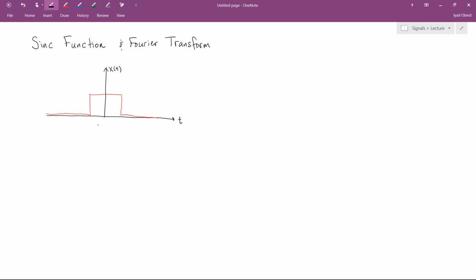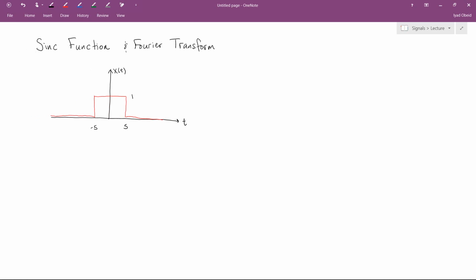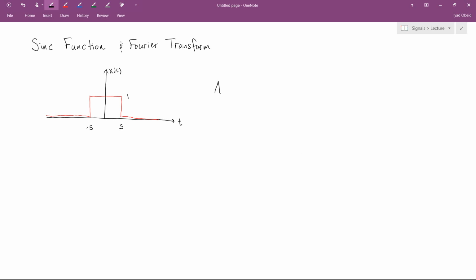And just to keep things interesting, let's say it goes from -5 to 5 with a height of 1. And I want to find the frequency content of this signal. So I'm going to apply my Fourier transform integral, which tells me that A of omega equals the integral over all time.